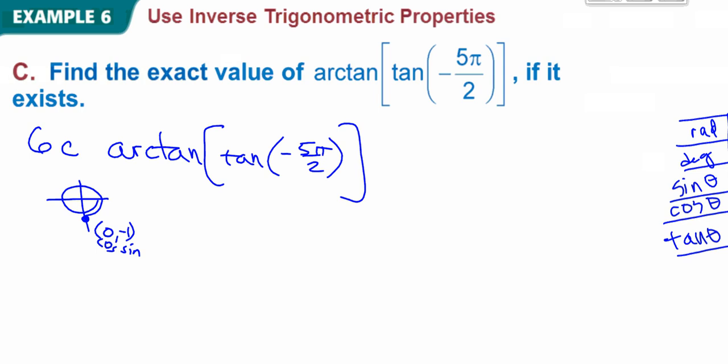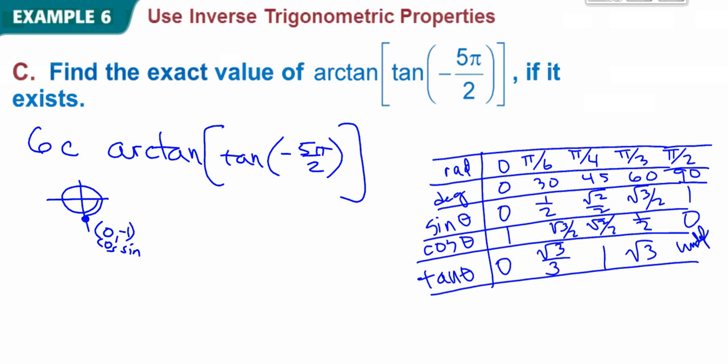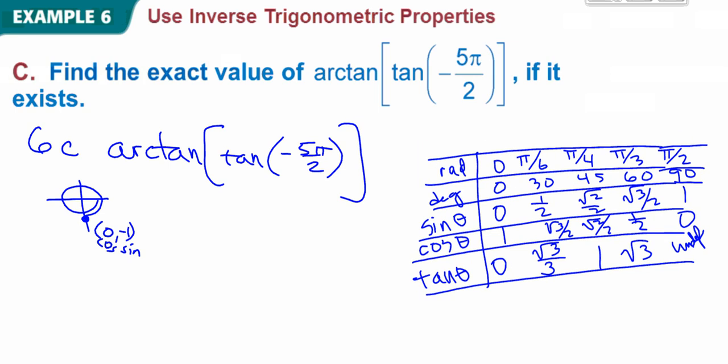What is the tangent of pi over 2? Undefined. It's undefined, and my reference angle is pi over 2. And so the tangent of negative 5 pi over 2 is undefined.